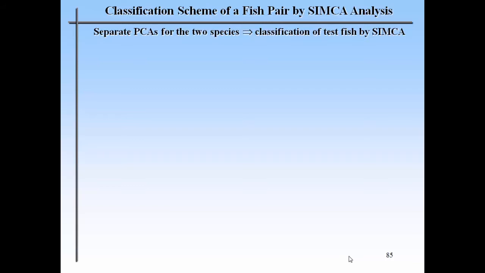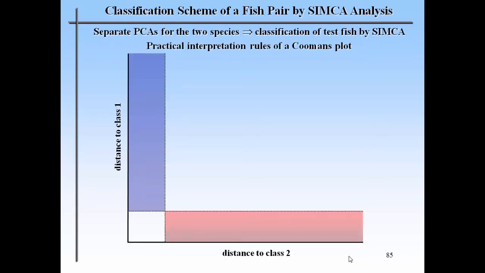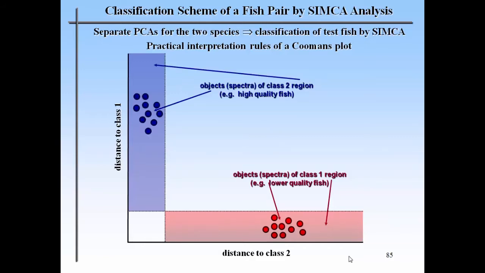And what this algorithm does is that if you have two classes, it puts the spectra of one class in this quadrant. It puts the spectra of the second class in this quadrant. And now you test with a spectrum of an unknown fish.